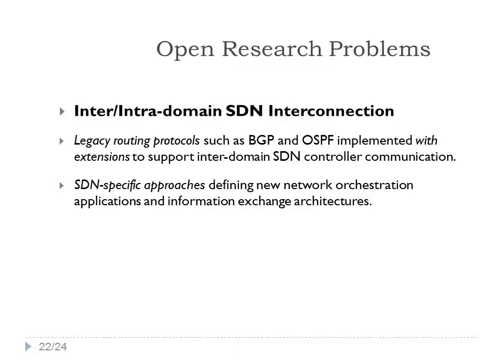How can we securely and efficiently and with minimum latency exchange routing information between two different or disparate SDN domains? And then we have SDN specific approaches which may define new network orchestration applications and information exchange models, something like software defined internet exchange points for the exchange of routing and switching information between multiple SDN domains or multiple autonomous systems.